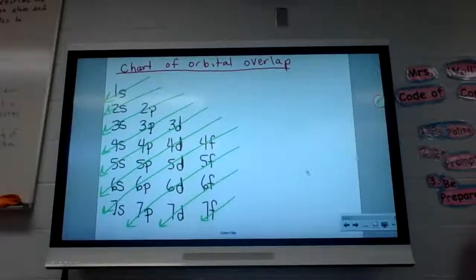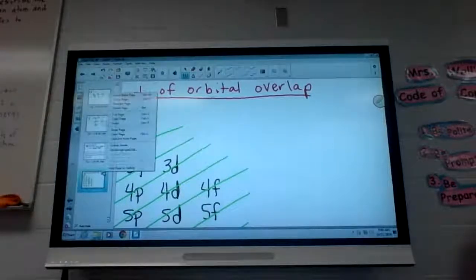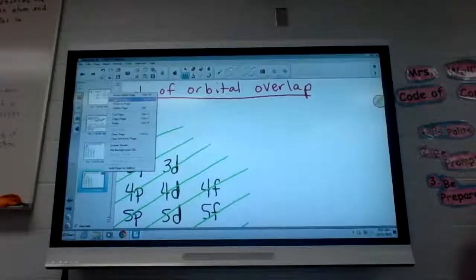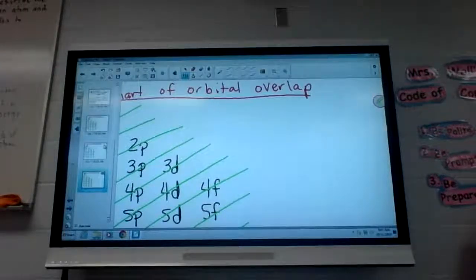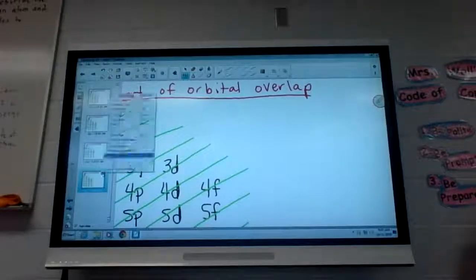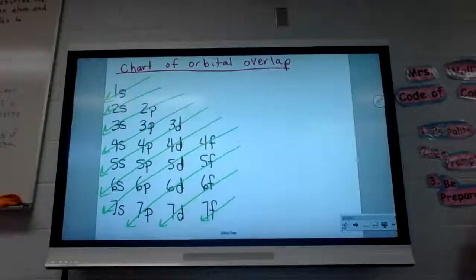All right, we caught up? I found this is much easier than me having to try to cut and paste that stupid chart.